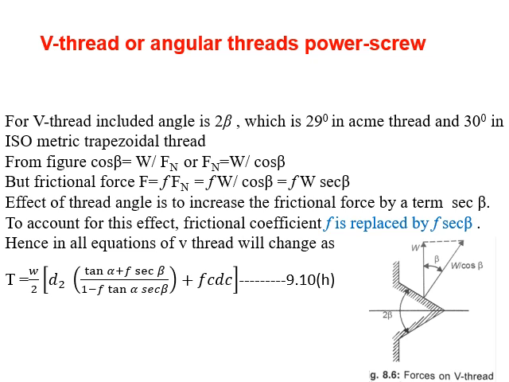So wherever the term is associated with the V thread, we will be replacing that with f secant beta. This is used in the equations.